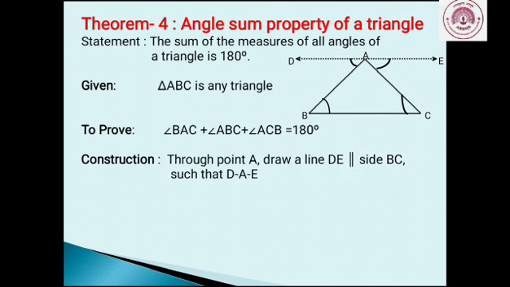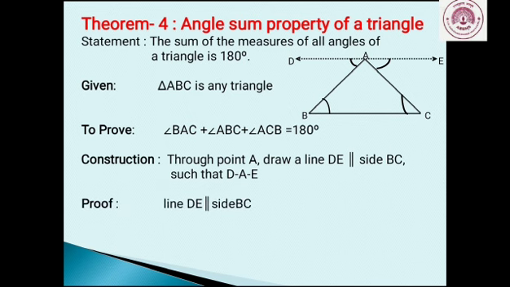So the construction here is, through point A, draw a line DE parallel to side BC such that D-A-E, that is, points D, A, E are collinear points.